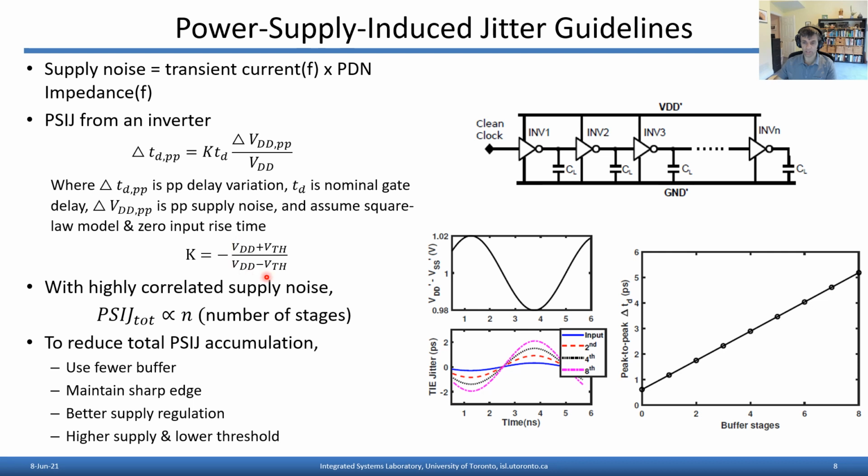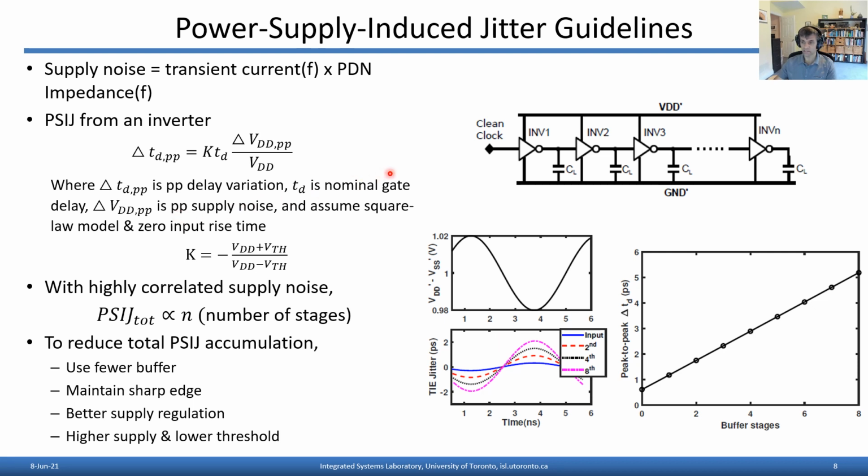It's related to the supply voltage used and the threshold voltage of the constituent devices. Now, of course, the PMOS and NMOS threshold voltages may differ, and these may affect the rise and fall times differently. But in any case, K is essentially a product of the technology that's being used for the inverters.